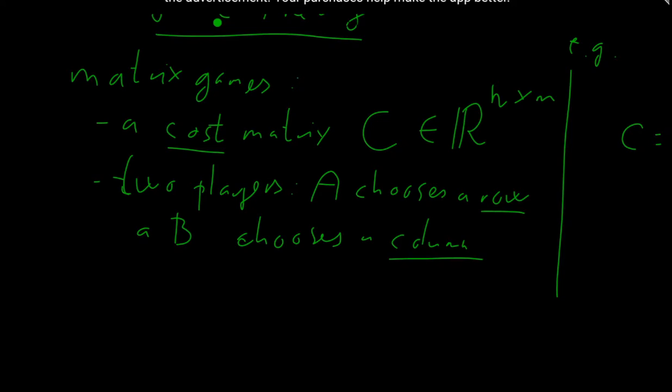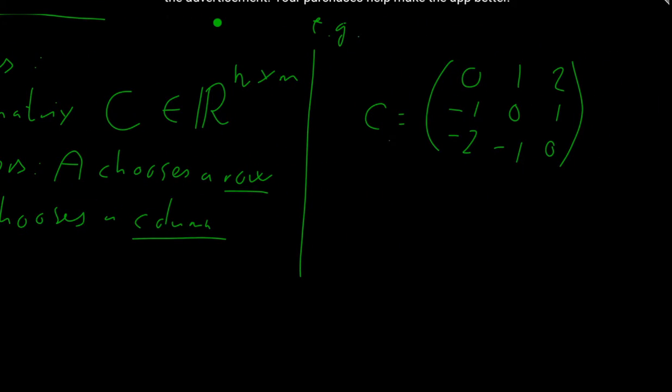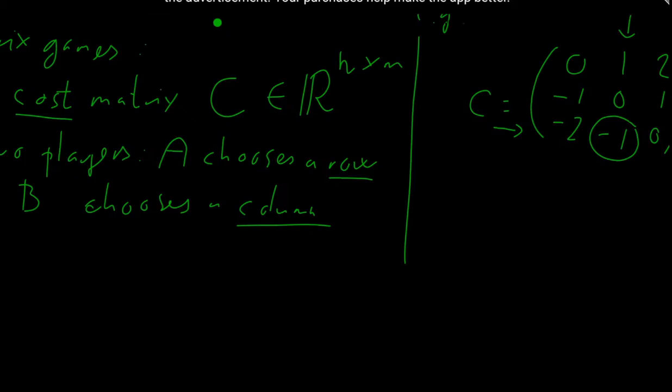So for example, if A chooses the third row and B chooses the second column, then the so-called outcome of the game will be -1, right? So one of the players chooses the row, the other player chooses the column, and the cost is written in the corresponding entry.